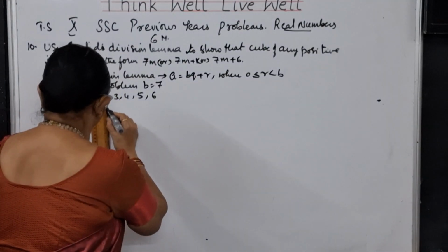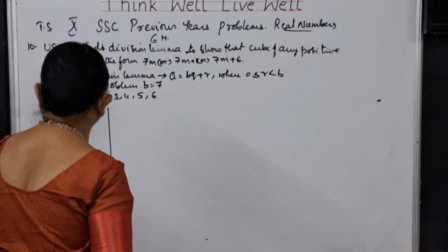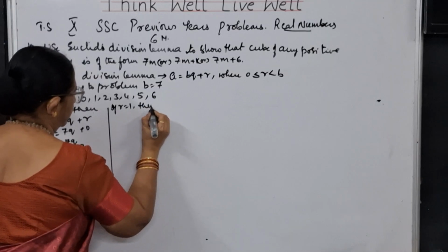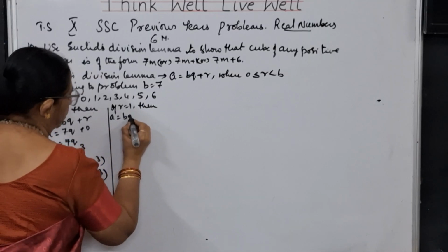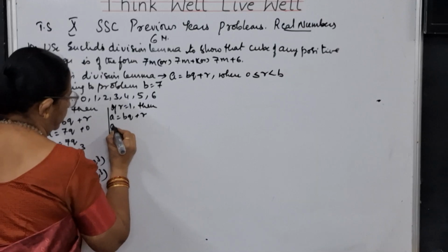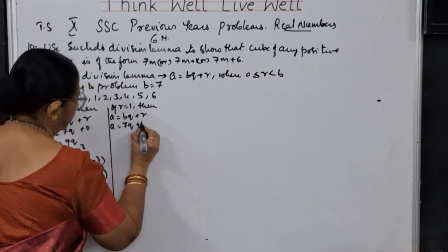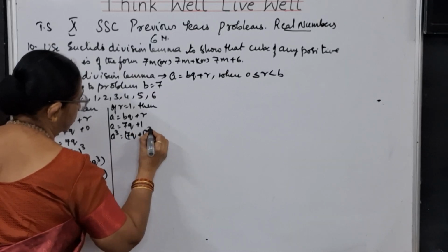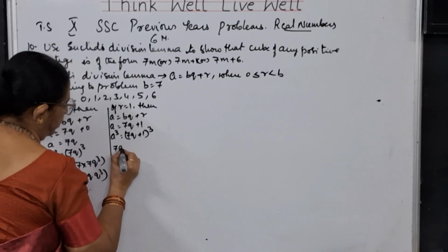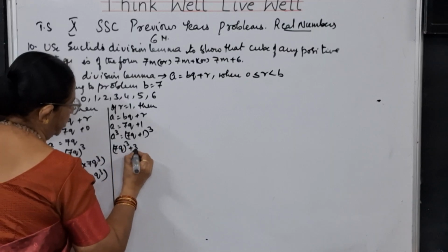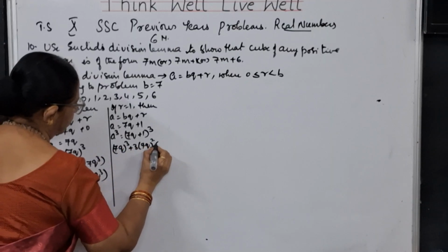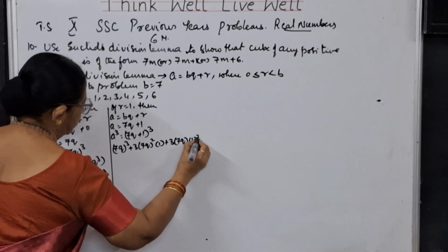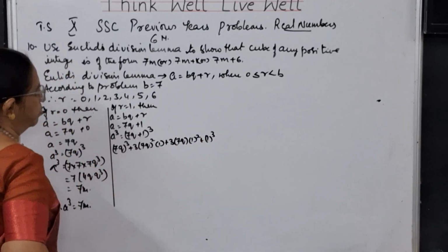Now, if r is equal to 1, then a is equal to bq plus r. That means a is equal to 7q plus 1. a cube is equal to 7q plus 1 whole cube, that is a cube plus 3 into a square into b plus 3 into a into b square plus b cube.